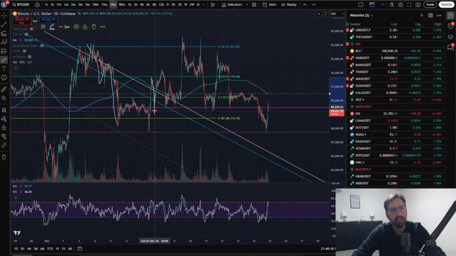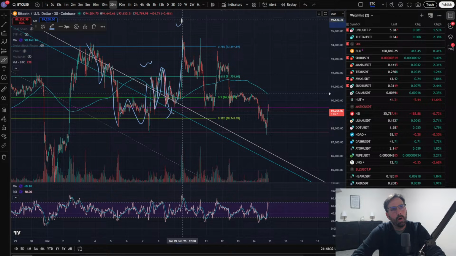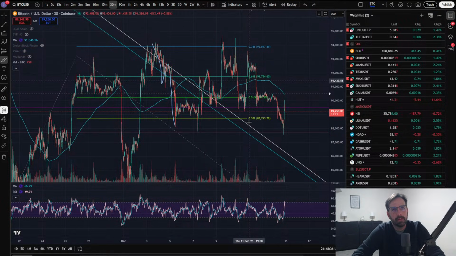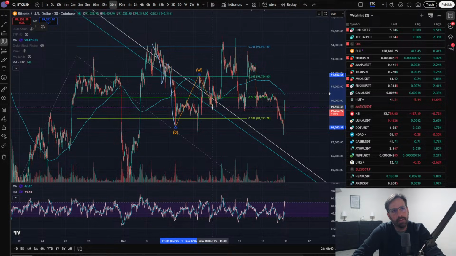What if this whole thing is an X wave? Yeah, that's fine. So there's your X wave. And then there's a Y. So there's W, a flat, X, Y. So we're going to count that as 3. Okay. So I think we can safely call this a WXY. I think that's a safe assumption.